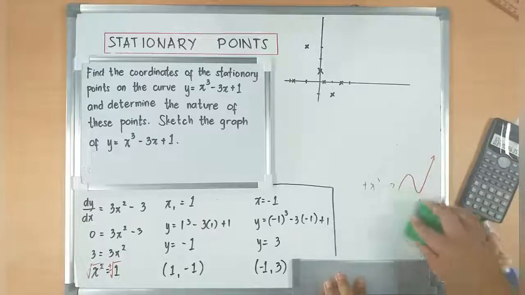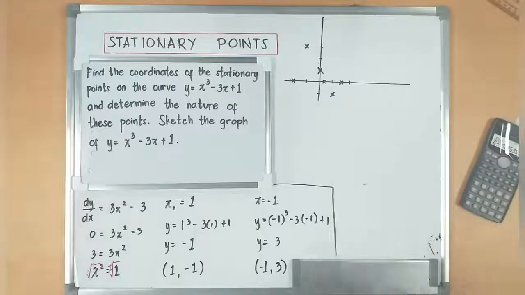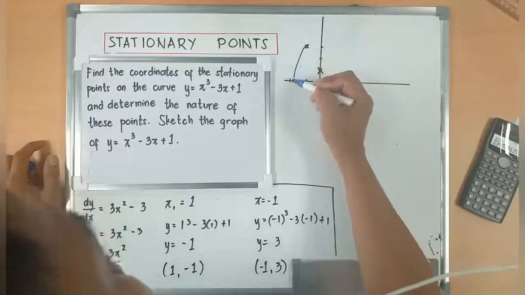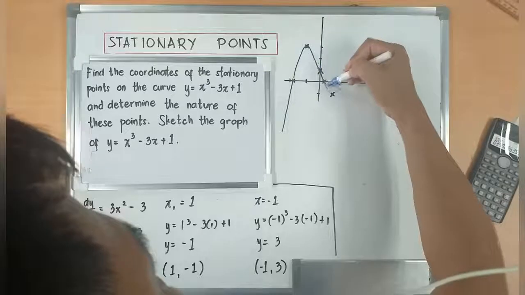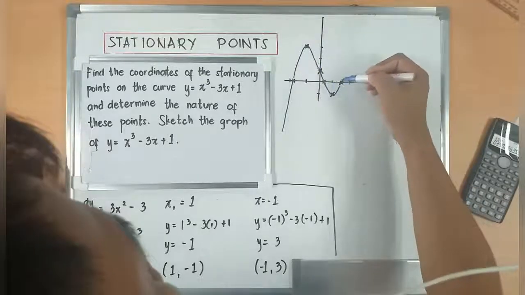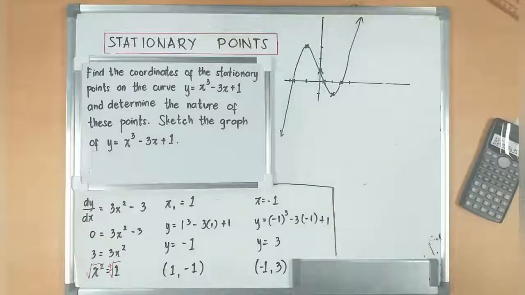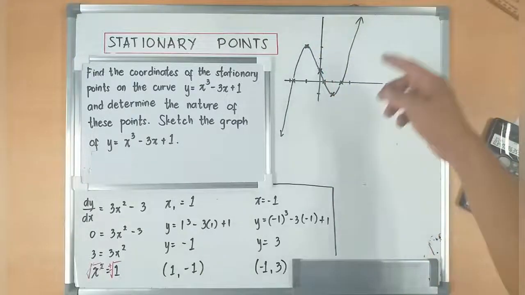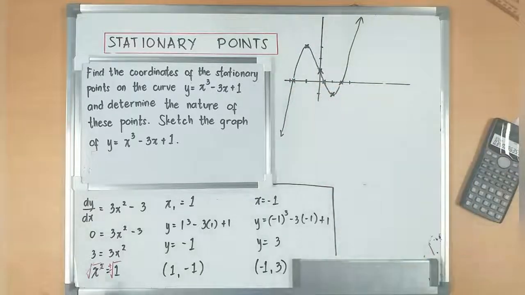Therefore, the graph of this one looks like this. I was able to sketch it as easy as that because I know already the turning points. I also know the x-intercept and the y-intercept. So as easy as that, you have the graph.